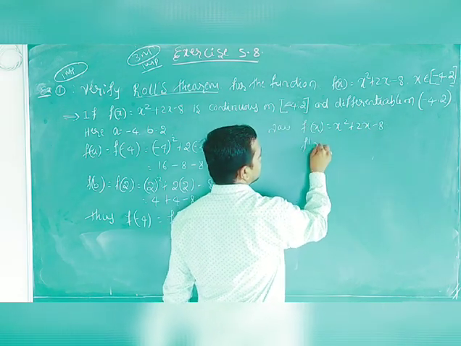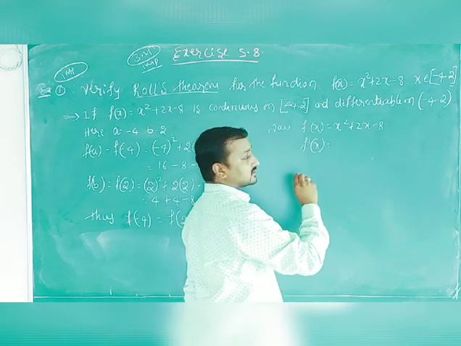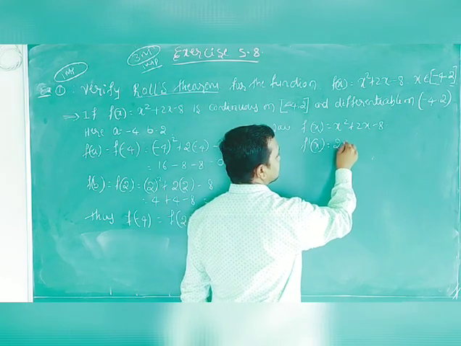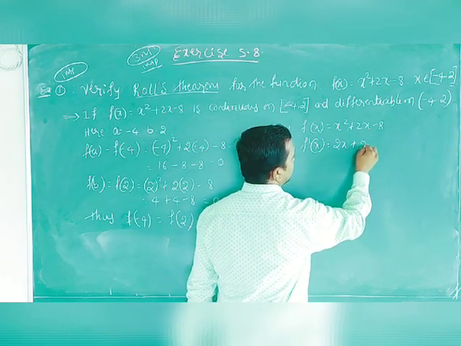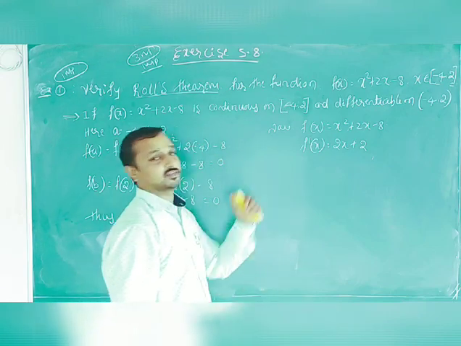And what is f'(x), the derivative of the function? The derivative of x² is 2x, the derivative of 2x is plus 2, and the derivative of 8 is 0. This is f'(x).